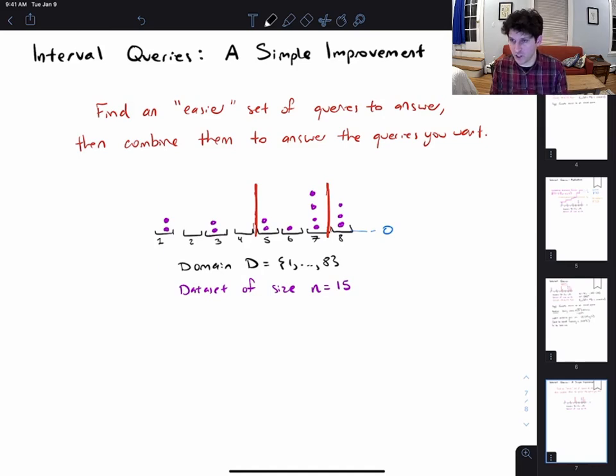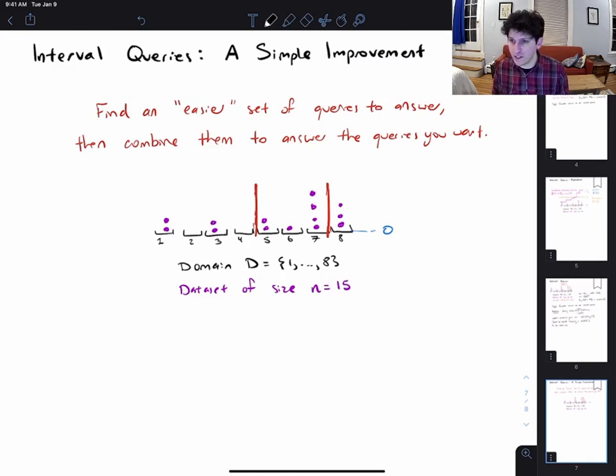They're asking about similar sets of individuals. So maybe we can start by answering an easier set of queries, and then try to recover the answers to the remaining queries.